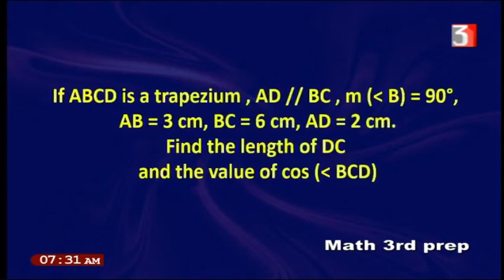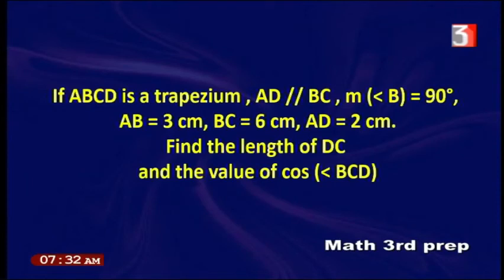If ABCD is a trapezium, AD is parallel to BC, and the measure of angle B equals 90 degrees, AB is of length 3 centimeters, BC is 6 centimeters, and AD is 2 centimeters. Find the length of DC and the value of cosine angle BCD.